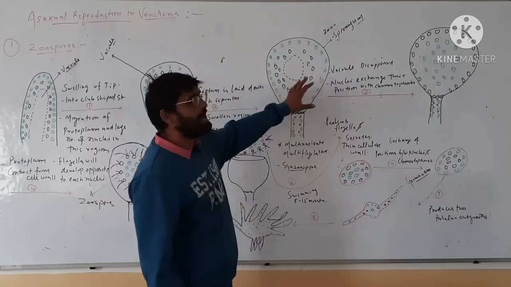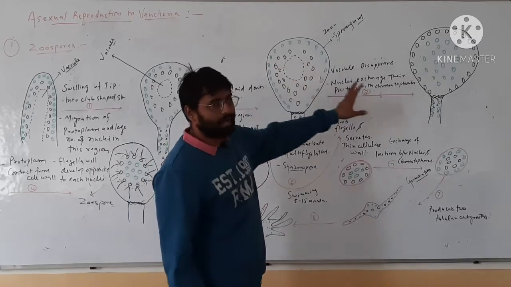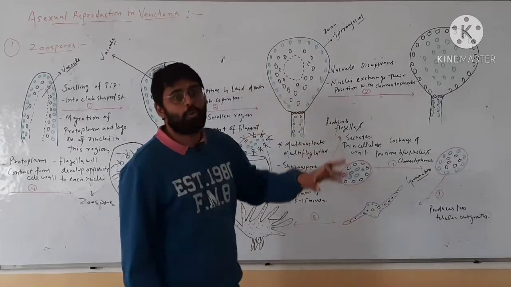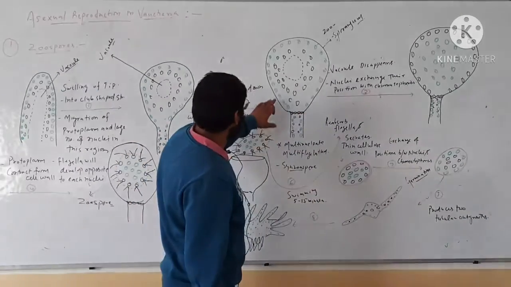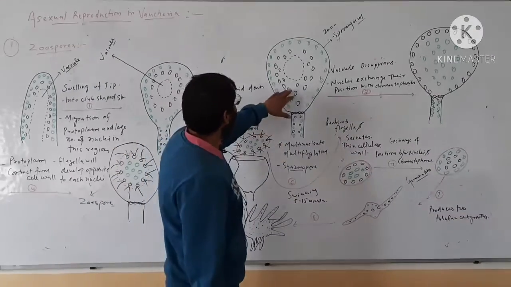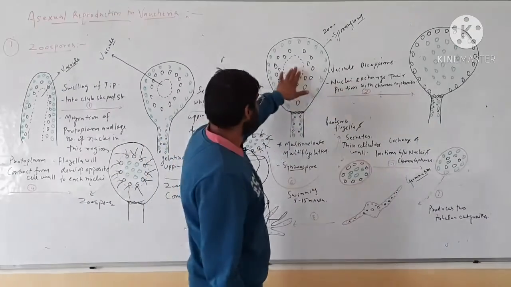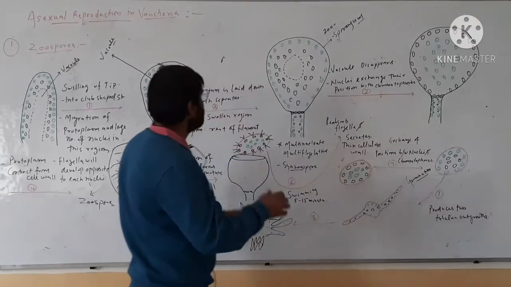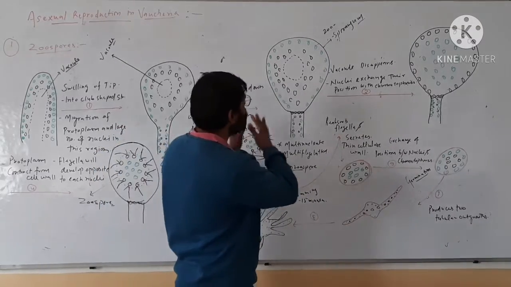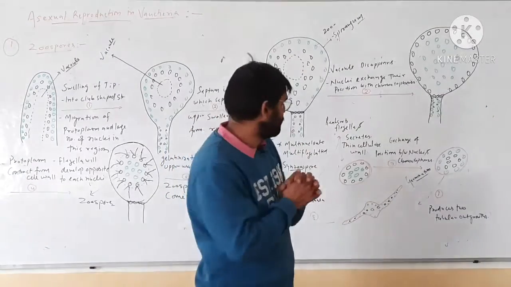So many nuclei are there around the vacuole, and at the periphery there are many chromatophores. You can see the green colored structures are chromatophores and the black colored structures are nuclei, and this is a nucleus. So you can see chromatophores are towards the periphery and nuclei are towards the center.